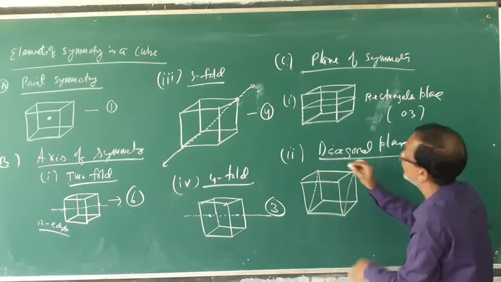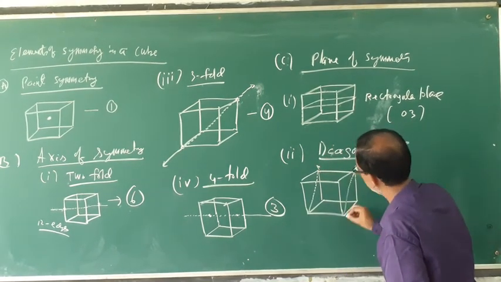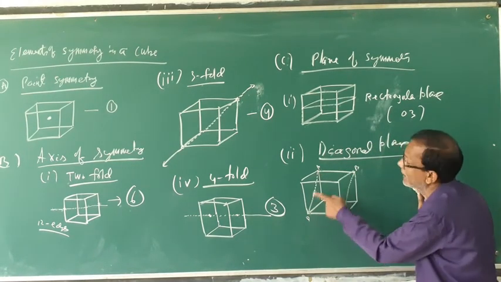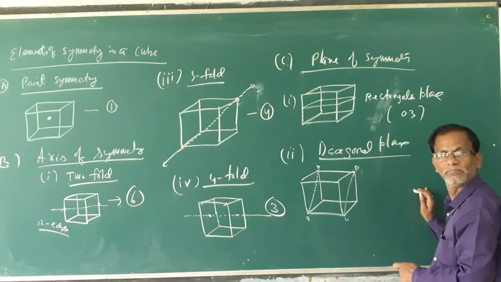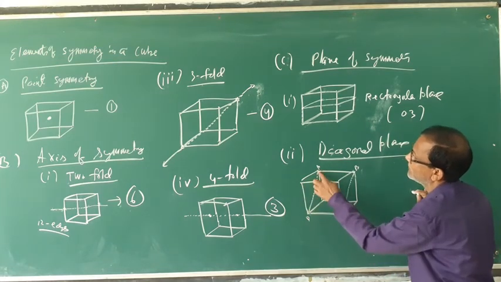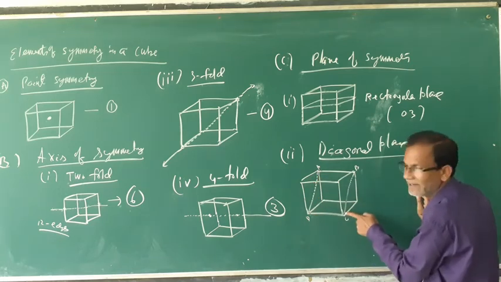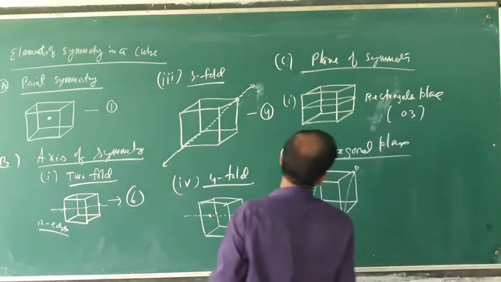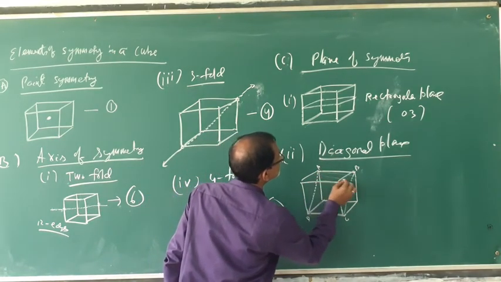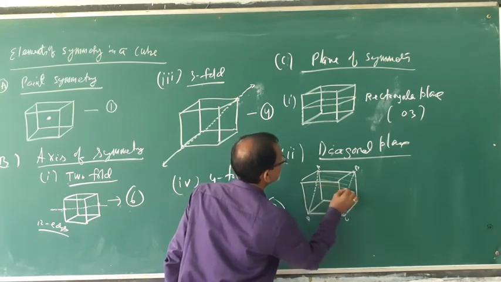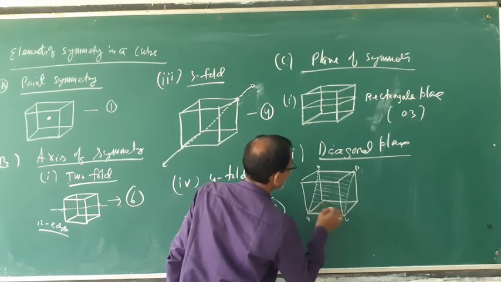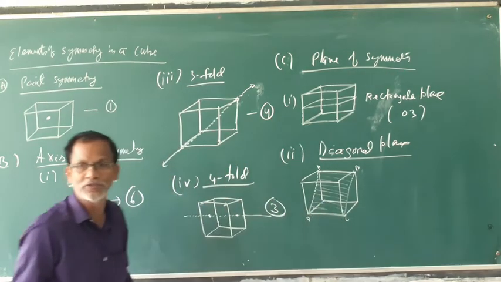These corners A, B, C, D. This A, D is one diagonal of this. This is the figure produced by the diagonal. Imagine this one, which is produced in 3D.